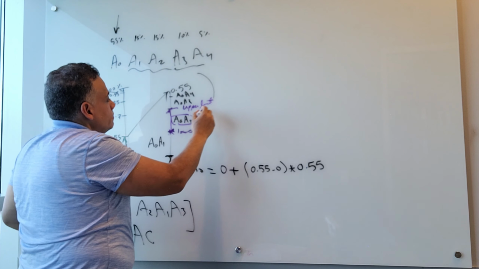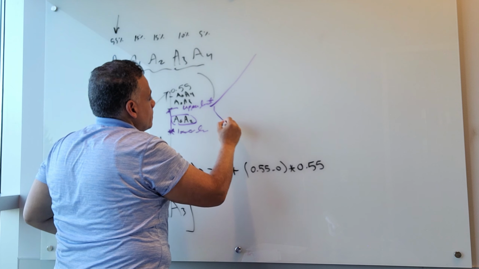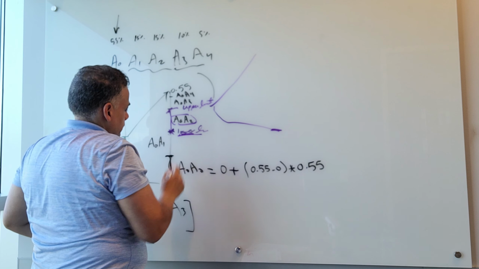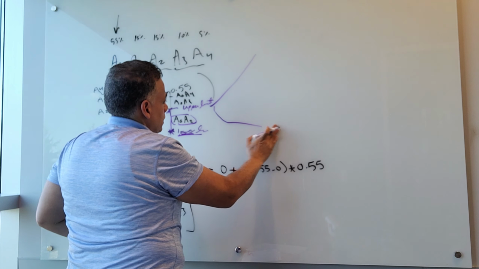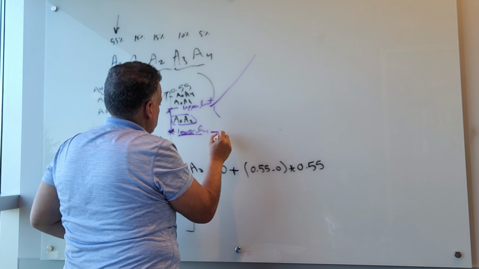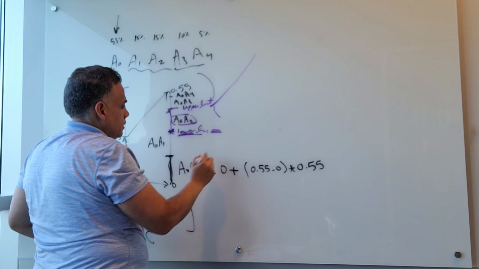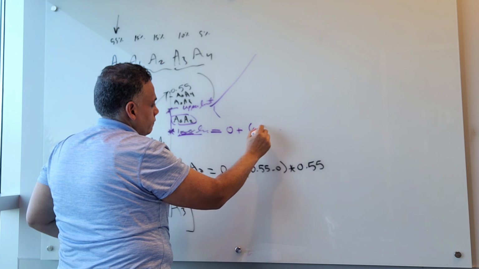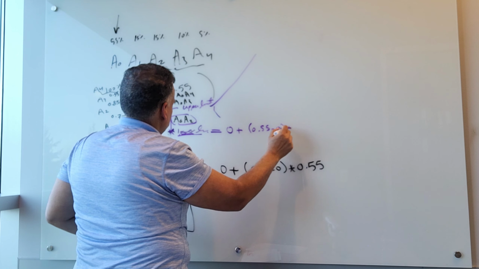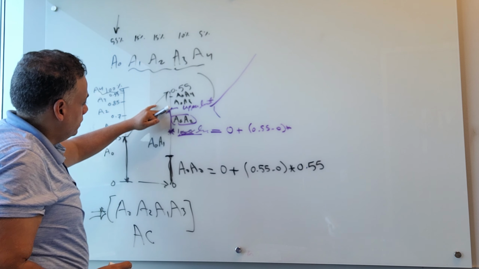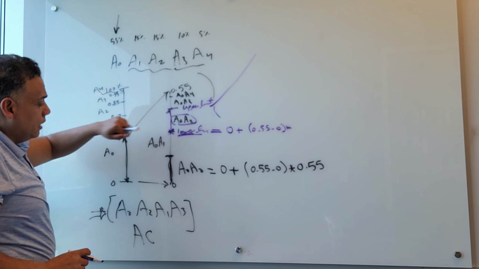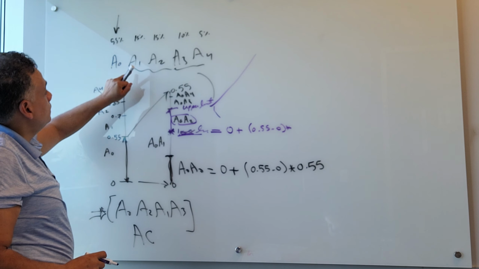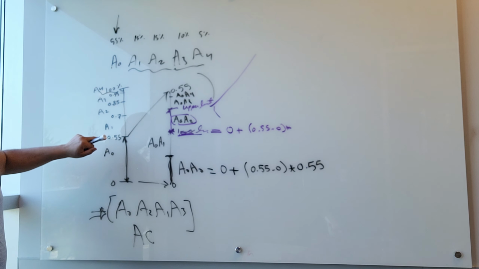So I'm going to expand this like this, right? The lower boundary here you need to figure out, and it's easy. So let's do this calculation. The lower bound here is this lower bound, which is 0 plus the range, which is 0.55 minus 0, times what is the start of this interval.